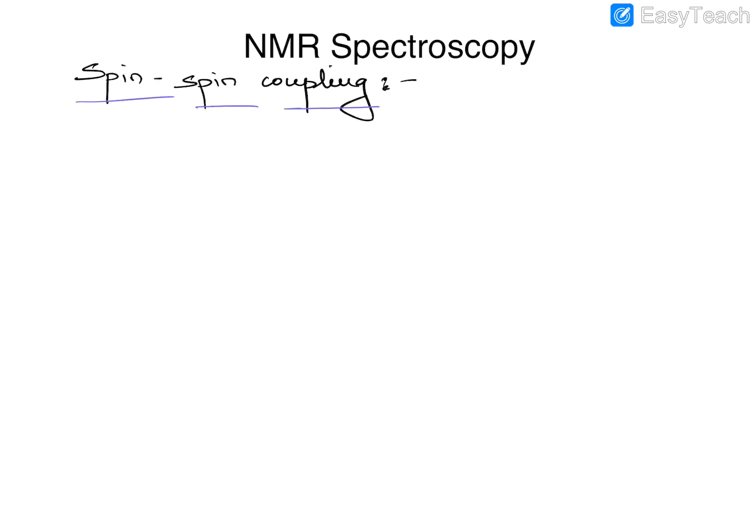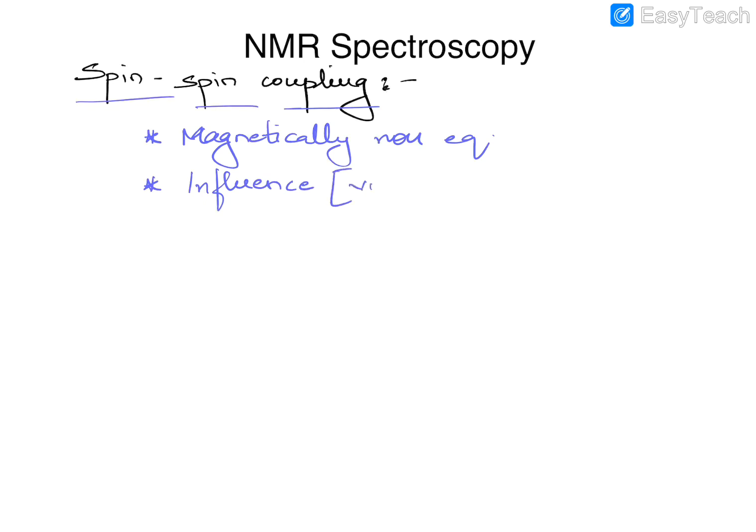overview of what we've done in lecture number 4, we discussed that spin-spin coupling is possible for magnetically non-equivalent nuclei, and secondly, they should be under the influence of each other. That means they have to be in close vicinity such that their magnetic moments can interact with one another.